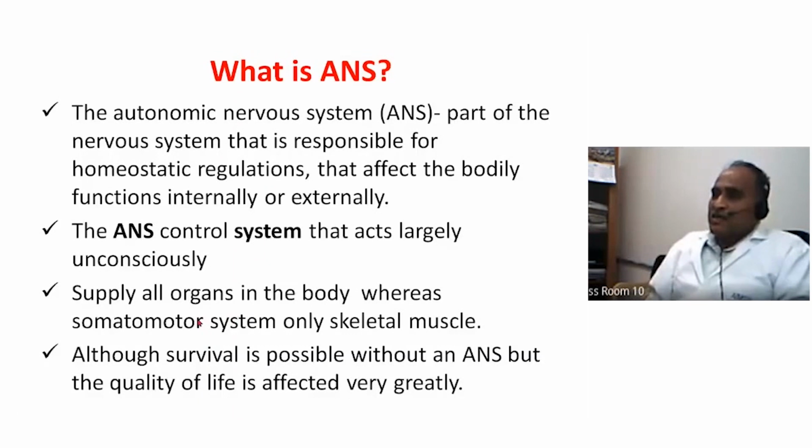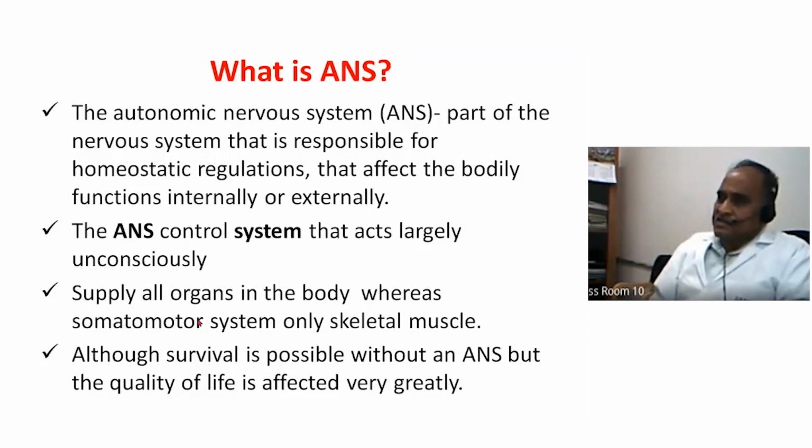What is the autonomic nervous system? It is a part of the nervous system. That means the nervous system is divided into the somatic nervous system and the autonomic nervous system. And the autonomic system is responsible for the homeostatic regulations of the body.